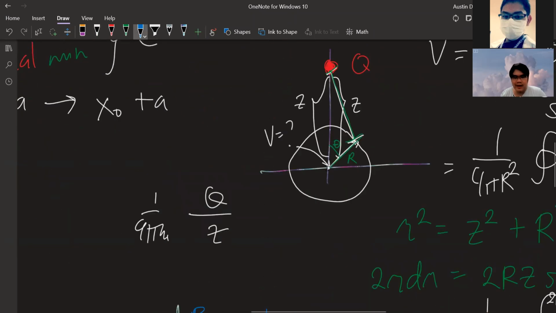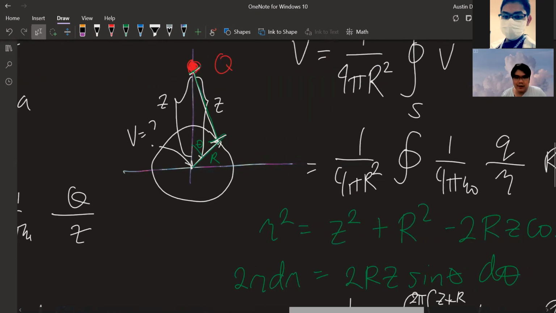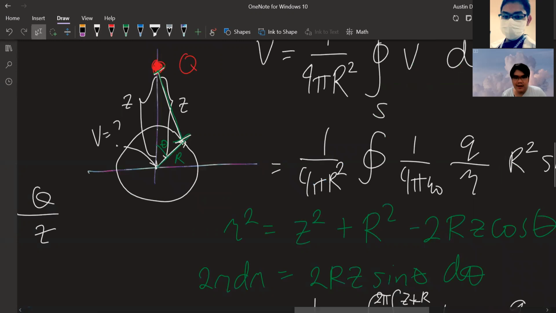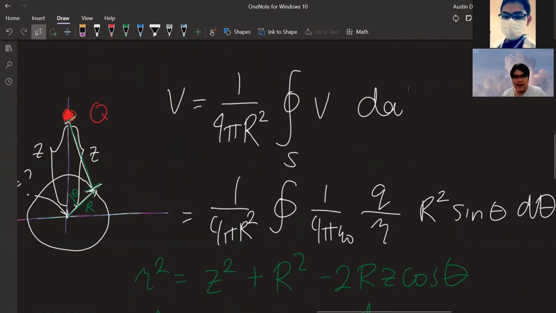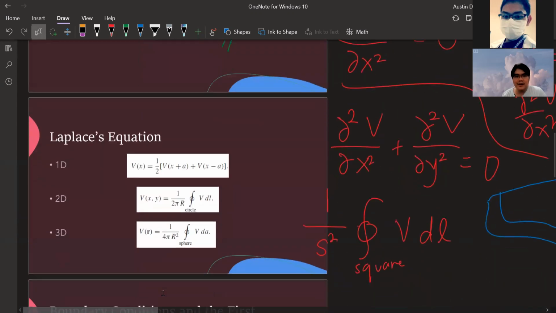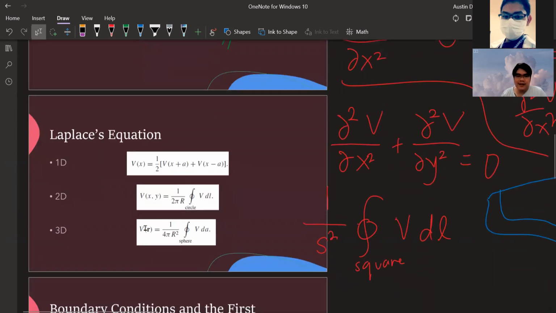So it works, no? Na kukunin mo yung average ng nararamdaman mong potential at these points. So yan yung ginawa natin. Kinuha natin yung average. So yung average ay di-divide mo sa surface area ng sphere mo. Tapos, total mo yung nararamdaman mong field at that surface. Okay. So ayun yung Laplace equations, no? Ayun yung feel ng Laplace equations.